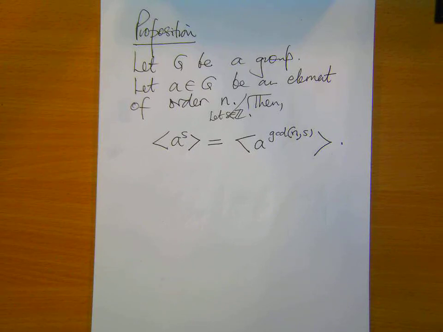And what this tells us is, all we need to do is look at the greatest common divisor of n and s. So this is actually a divisor of n. So we get all subgroups generated by powers of a just by looking at divisors of n. And that's quite important, it'll turn out.